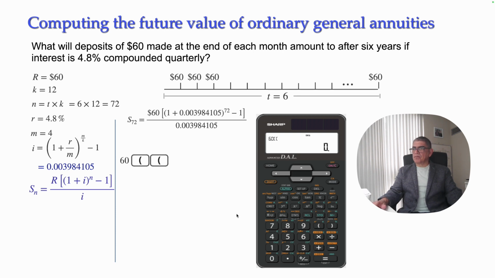Then 1 plus this number that is too long to write, and we don't have so many decimals here. Typing this number one by one is a possibility of making a mistake.